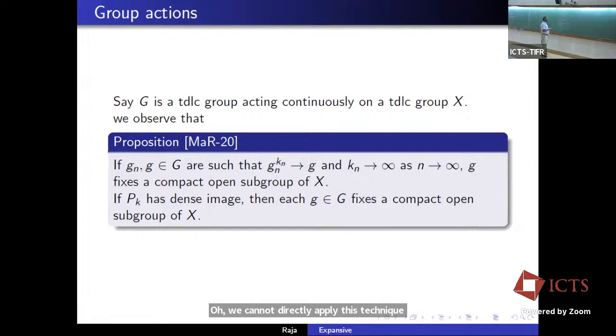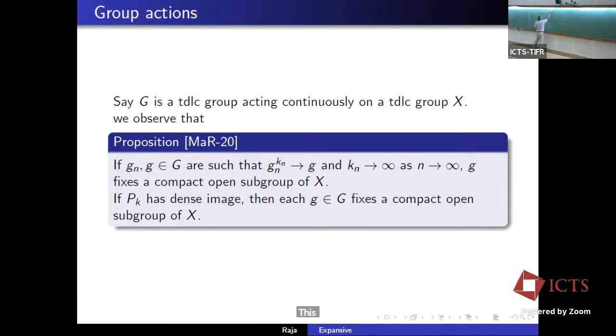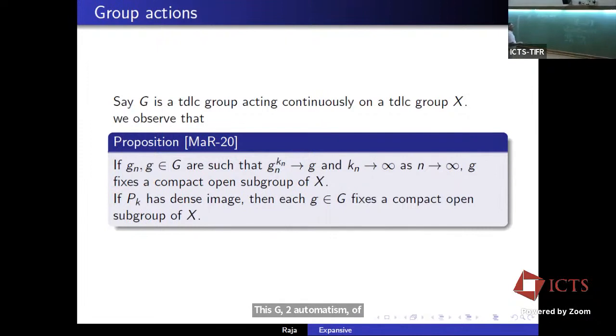Now we cannot directly apply this technique, because now these are not group elements. Suppose pi is the action that defines the automorphism of X. Then the scale of pi of G: suppose we have Gn converging to G in G, then we can have this one.